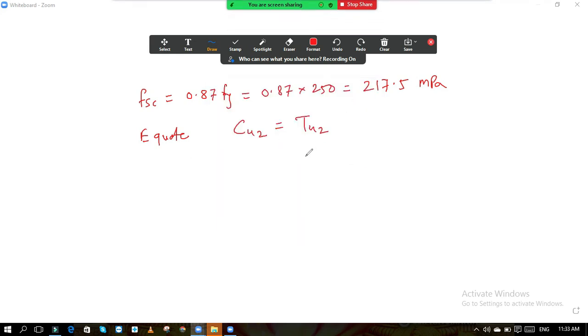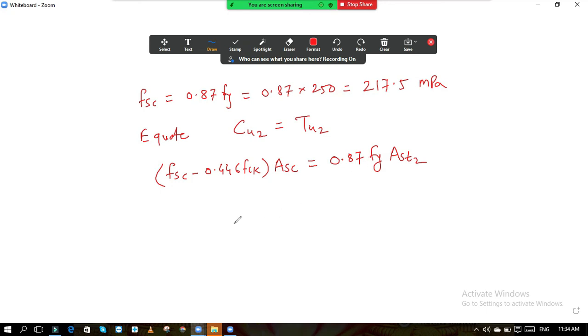So Cu2 is equal to Tu2. What is the value of Cu2? You know how to calculate it. It is (FSC minus 0.446 FCK) into ASC. This is my value of Cu2, which must be equal to 0.87 into Fy into AST2.